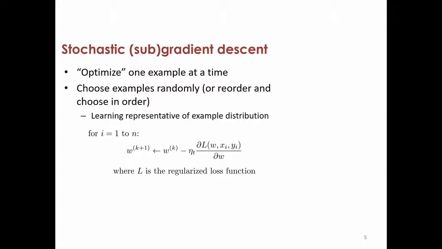So what does stochastic subgradient descent do? It does basically exactly the same thing, except that it uses the stochastic gradient.